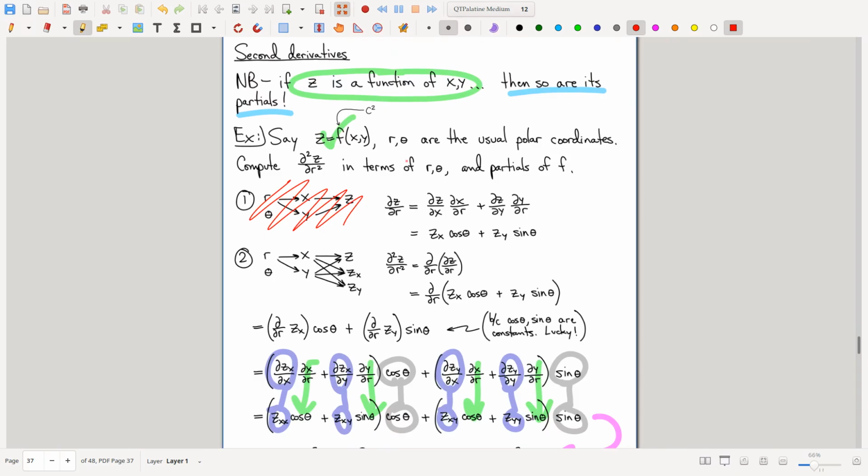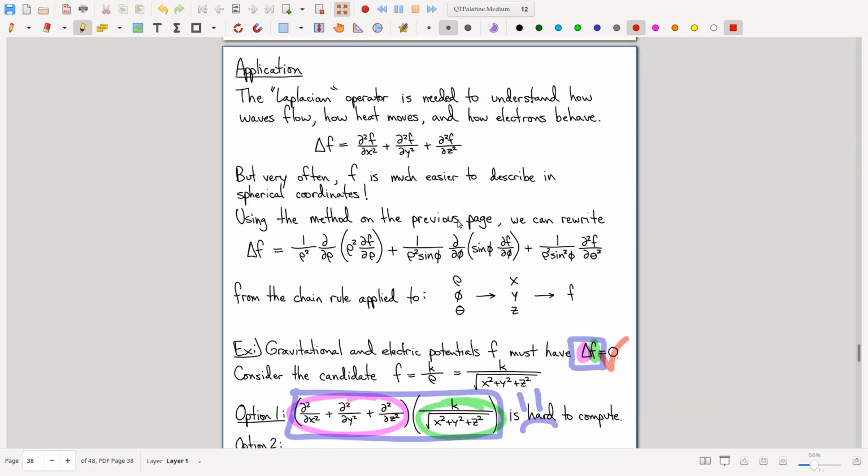Okay, so the Laplacian is just one example of the second order. It's an example of why being able to deal correctly with second partials in the context of the chain rule is important. It's because this kind of stuff comes up.